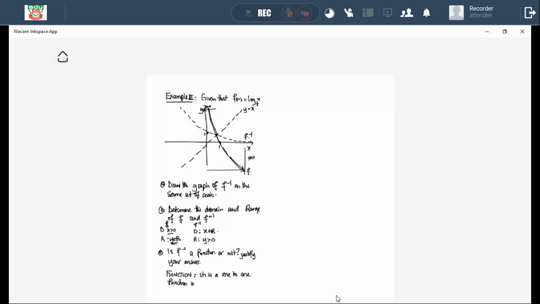Reason: one element of the domain is associated with one element of range.